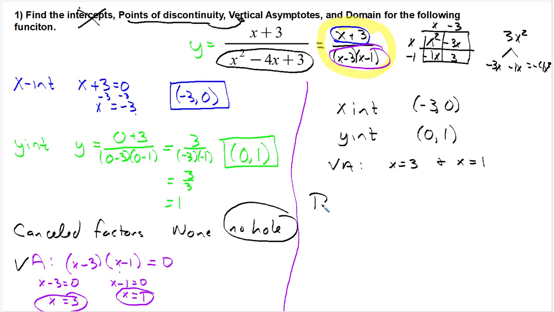The last thing I need to do is identify my domain.